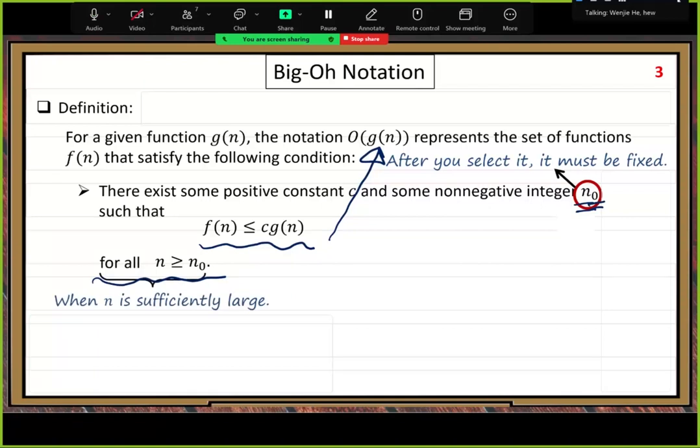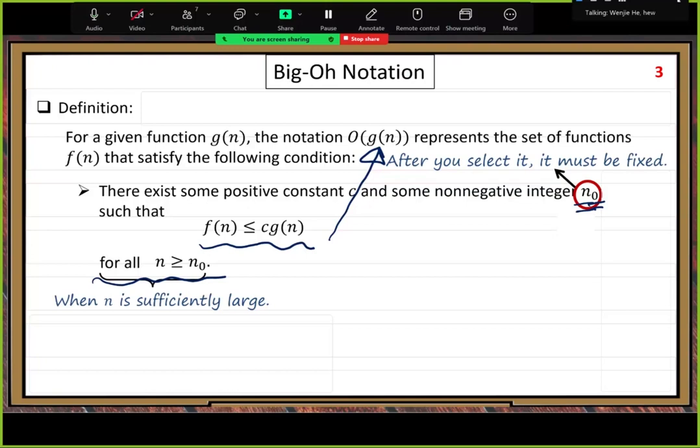And here, let's look at this n0. This n0 is so special. First, it must be a constant. That is, you have to fix it. But it's a special constant. You have freedom to select this constant. You can determine this constant based on the given functions.